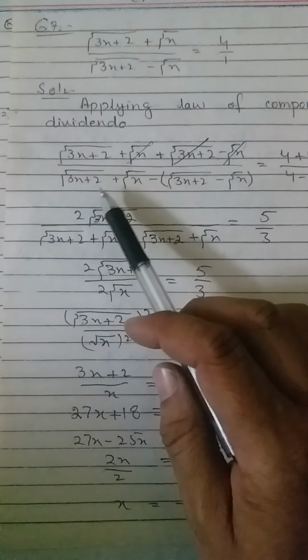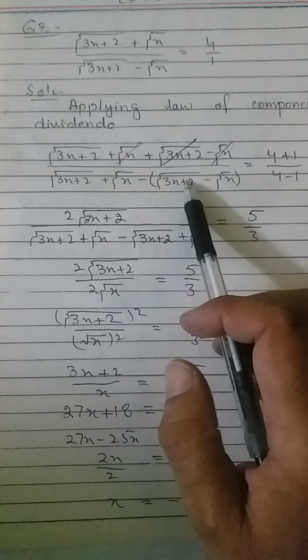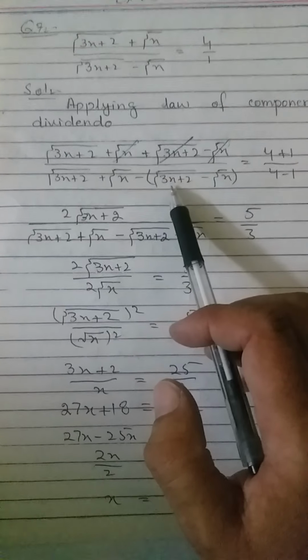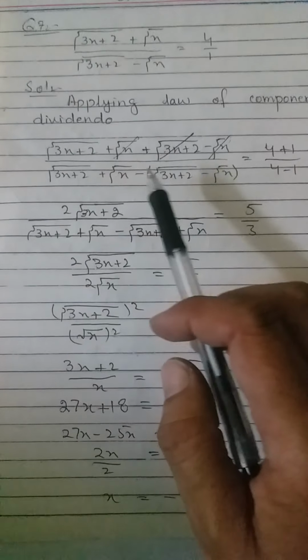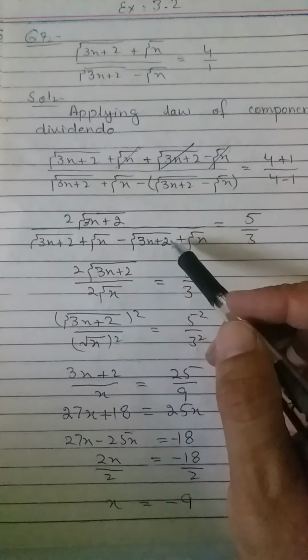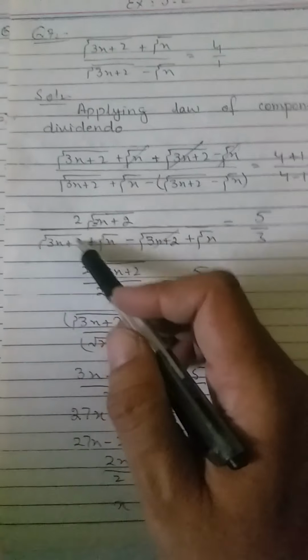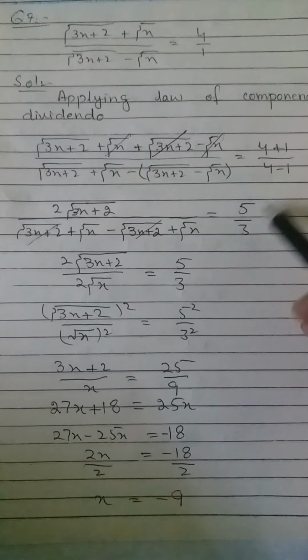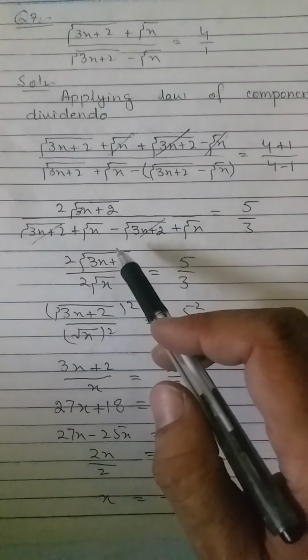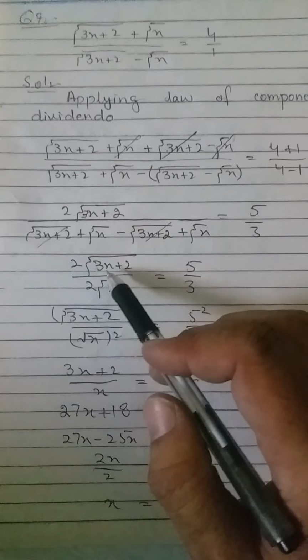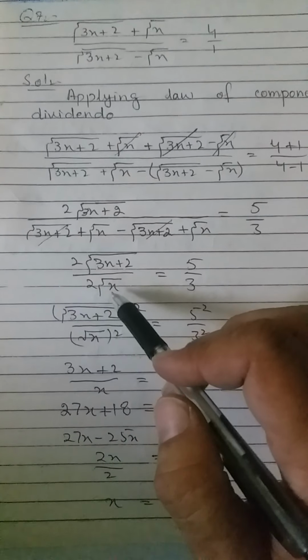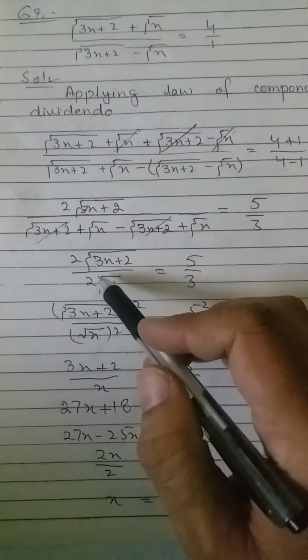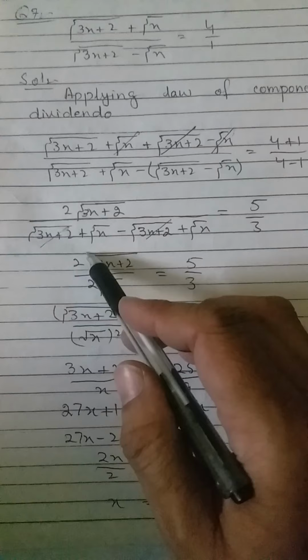Similarly, we apply minus on this bracket, so this value becomes minus, and minus into minus is plus, so they cancel with each other. And 4 plus 1 is 5, 4 minus 1 is 3. Now we have 2 into under root 3x plus 2 divided by 2 into under root x is equal to 5 by 3. Now this 2 cancels with this 2.